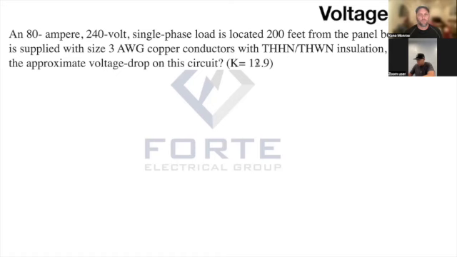So it's 2 times K, 2 times 12.9, times the 80 amps, times the distance, which is 200 feet, divided by the circular mils of that conductor.